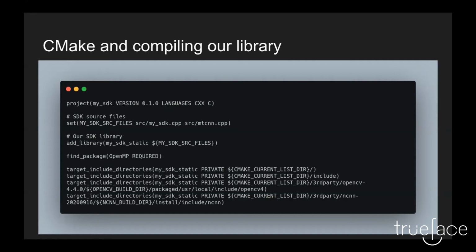So if we were to link against our static library at this point in an executable, for example, we'd also need to link all the dependency libraries too. Unlike dynamic libraries, static libraries can't resolve their own dependencies. They're basically just a collection of object files packaged into an archive. So later in this presentation, I'll demonstrate how we can bundle all the dependency libraries with our own library so that the user doesn't need to worry about tracking down or linking any of these dependency libraries.